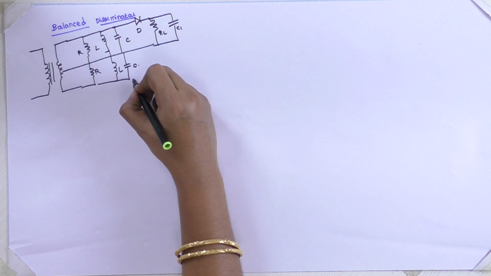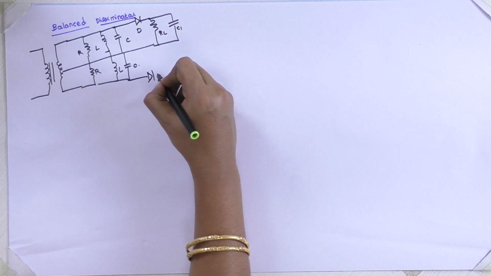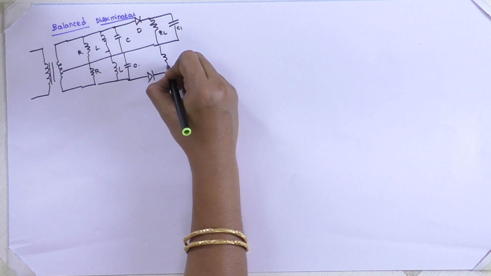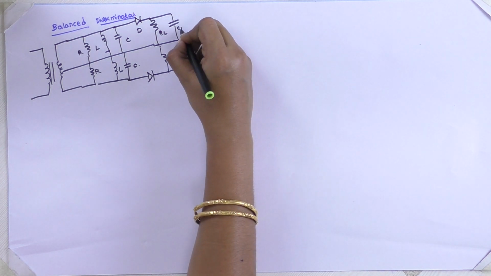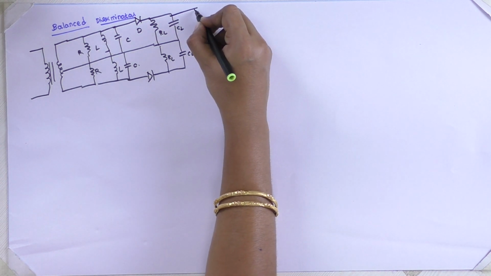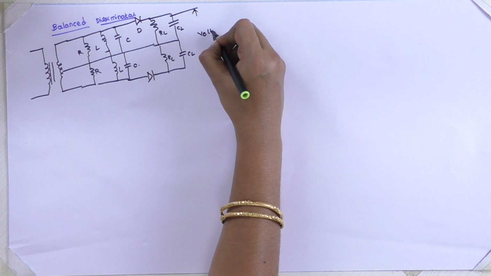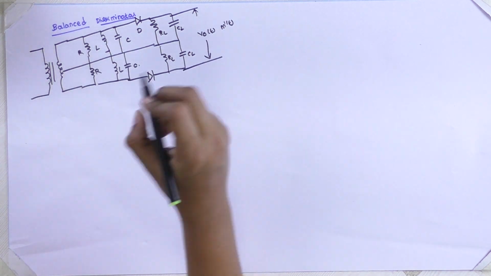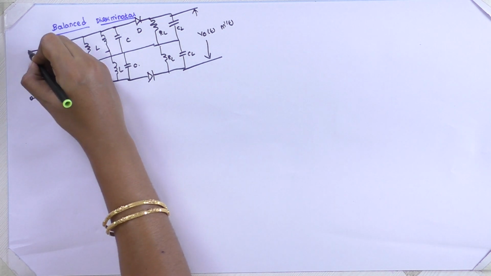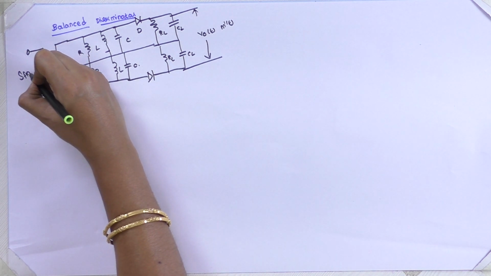Again here we will have diode, RL and CL. Here the output will be M dash of T or V naught of T. This is by using the balanced detector. Here we are going to apply the input, which is FM of T.